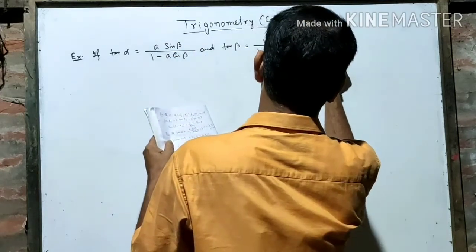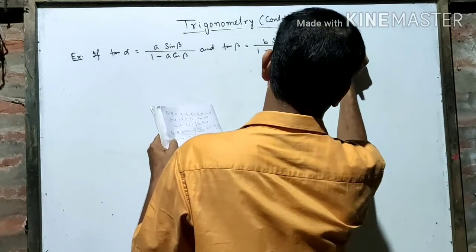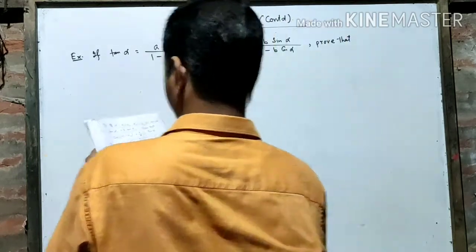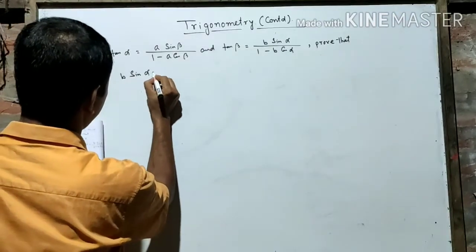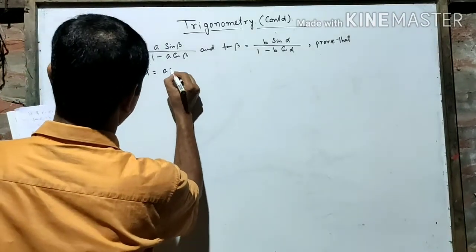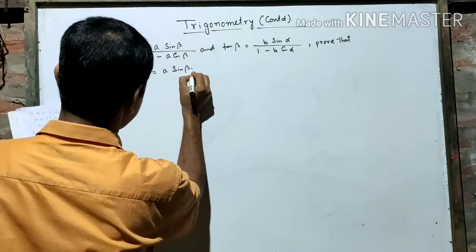Prove that b sin alpha is equal to a sin beta.